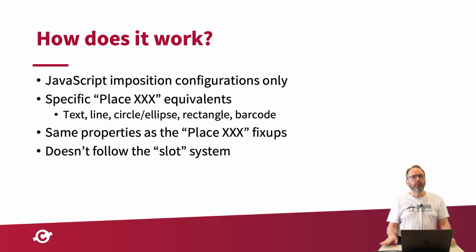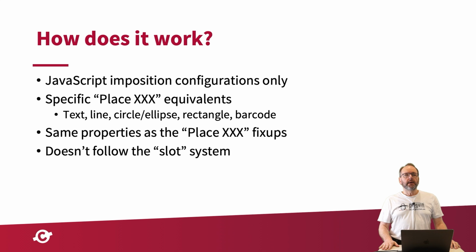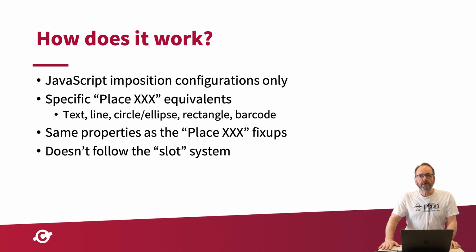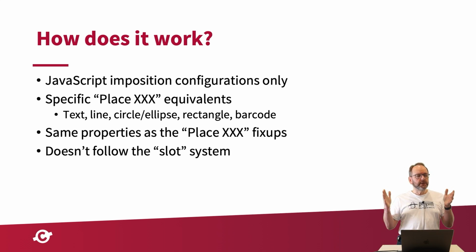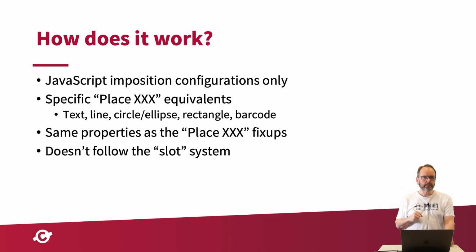And maybe important, it doesn't follow the slot system. In Imposition so far, you create a sheet, and then on that sheet you create a slot, and a slot is a rectangular area on the sheet somewhere with a certain X and Y origin and a certain width and height, and then you place content in that slot, and that content could be text or it could be pages. These decorations do not follow the slot system.